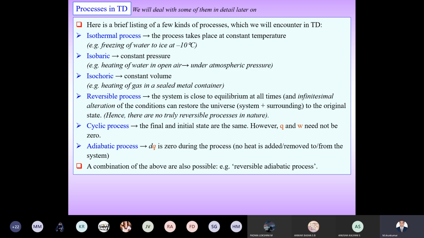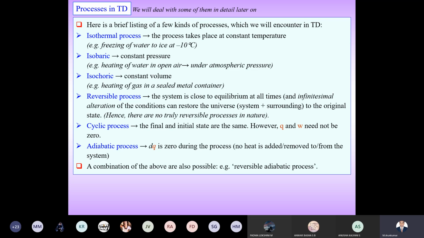Now, processes in thermodynamics. Here we are given a brief listing of kinds of processes: isothermal process, isobaric process, isochoric process, reversible process, cyclic process, adiabatic process. Isothermal means constant temperature.